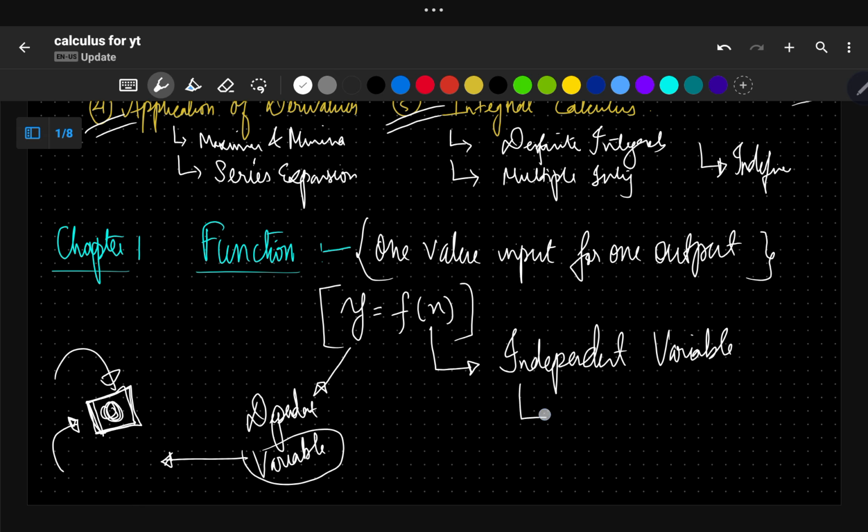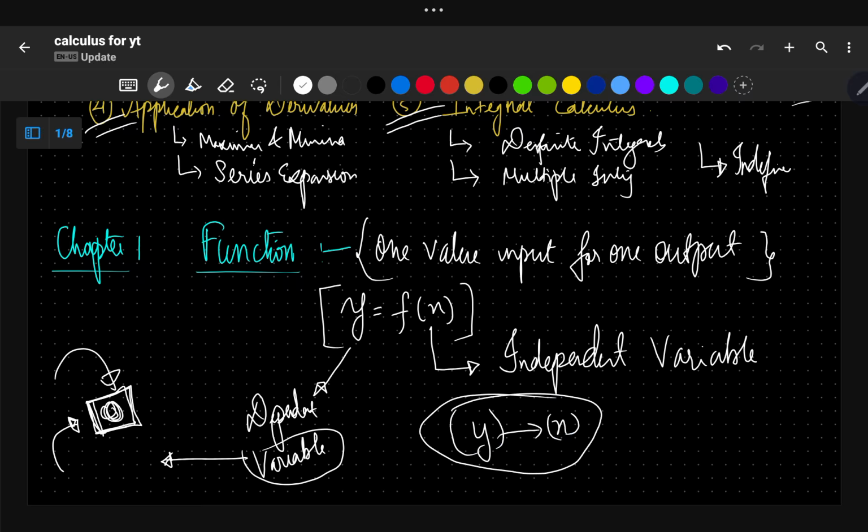So what is independent or dependent? The independent variable is like, if we change the value of x, the value of y will change automatically. So y is dependent on x, right? So this is something known as a function. For example, y equals x square.